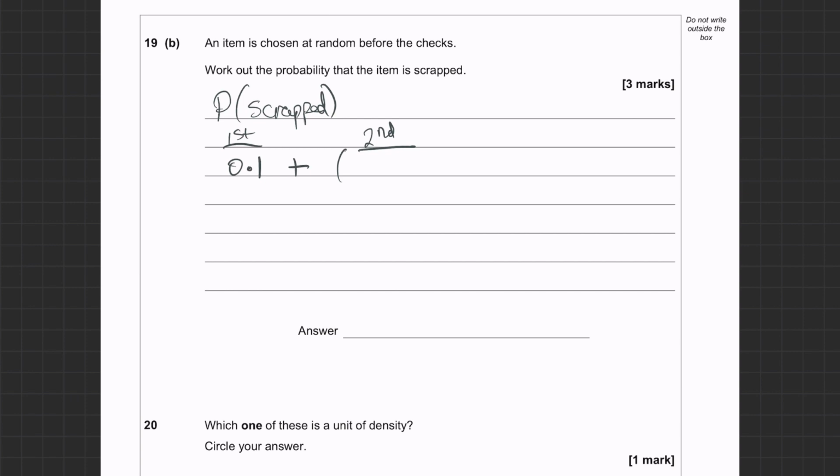So 0.9 times 0.01. Remember, you've not got a calculator, so make sure you know how to multiply and divide by 10, 100, 0.1, etc. In this case, 0.01. So this will become 0.009. So we've got the probability it will be scrapped in the first round, plus the probability it will be scrapped in the second round, and altogether that will give us a probability of 0.109.